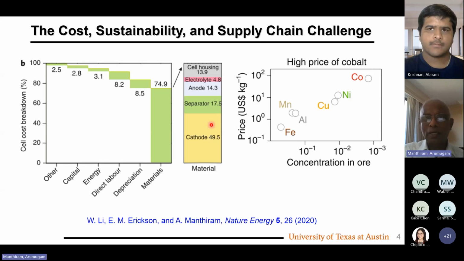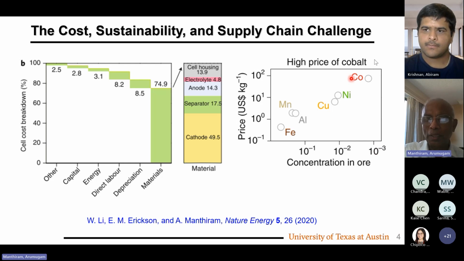So that's why a lot of work is on cathodes, because 50% of the cost is coming from the cathode. If you think of cathode, you can see cobalt, you can see the price as well as concentration or abundance. Abundance is low here. When you move from right to left, abundance is increasing.